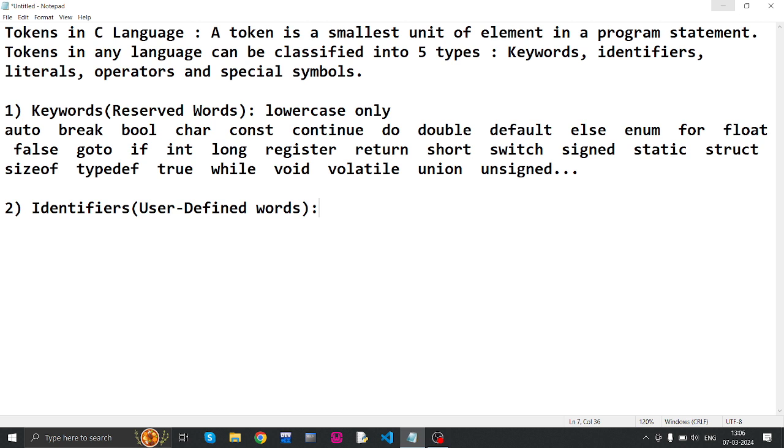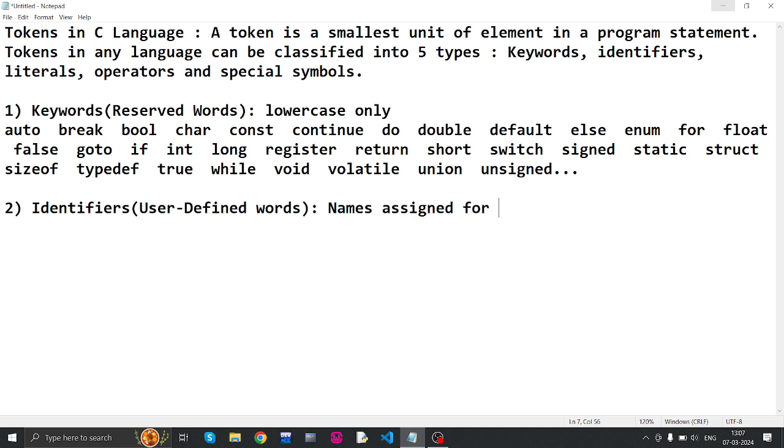In a family, to identify each member, we have created one name, we call it identifier. Similarly, while writing a program, for some programming elements, the programmers can create some names for them. So they are called identifiers.